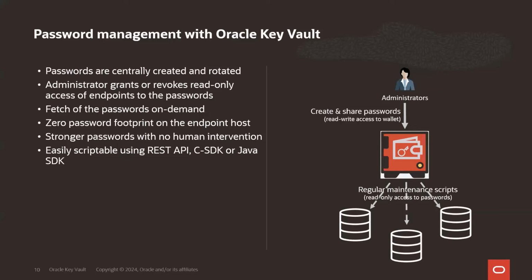And when that script logs in the next time, we will fetch a password again out of OKV, use it only once, use it only when it hasn't been used before, log into the database, run the script, create a new password, upload to OKV. So that cycle can repeat every night. And you know that you have a password that was only used once. They can be randomly generated. They're super strong.